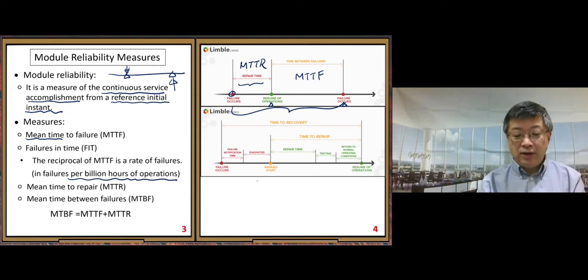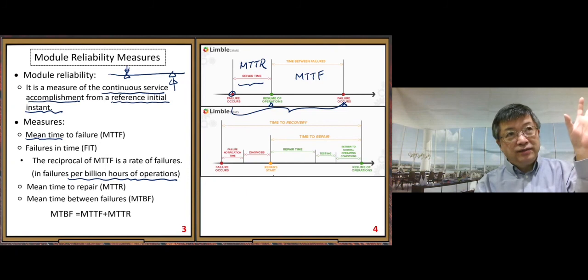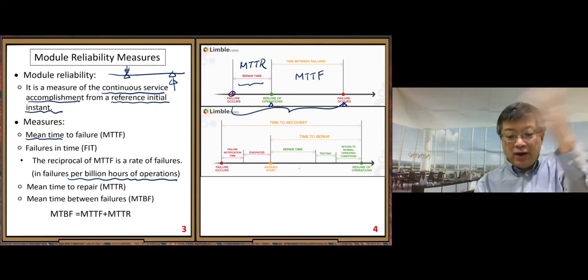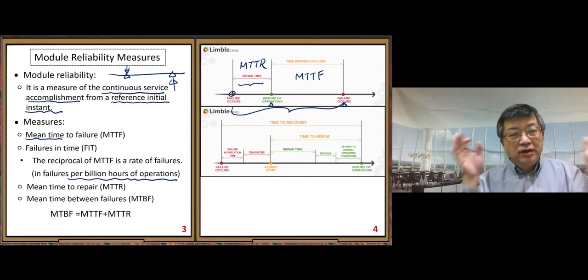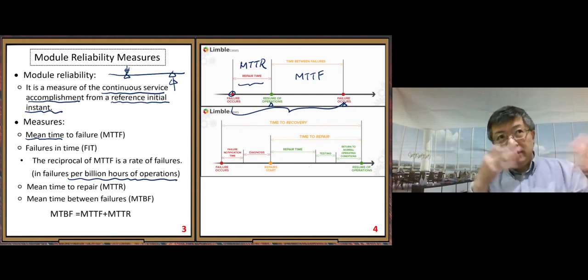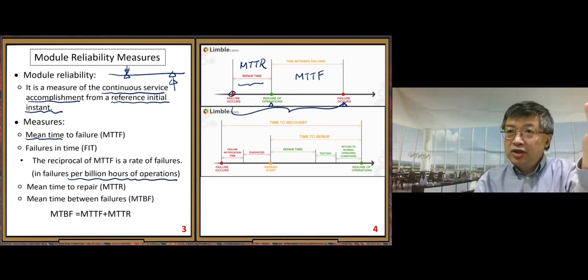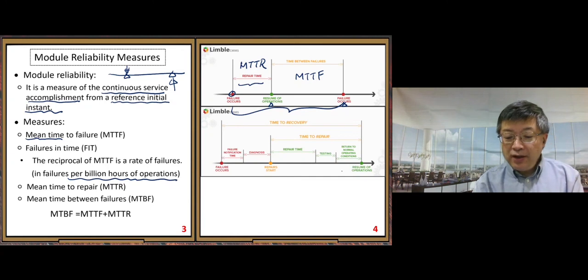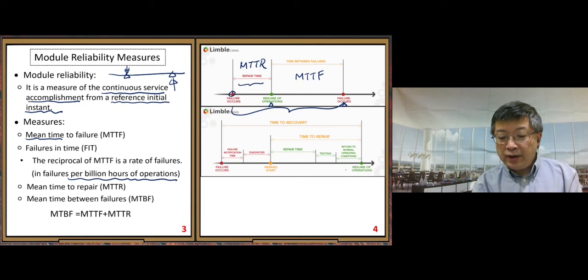Next period. After they find the problem, they start to repair. It takes a certain number of hours to repair it. After the repair step is done, testing, because you do not know if it works well or not. Then after testing, return to normal operating conditions.